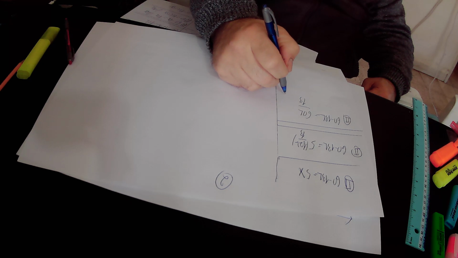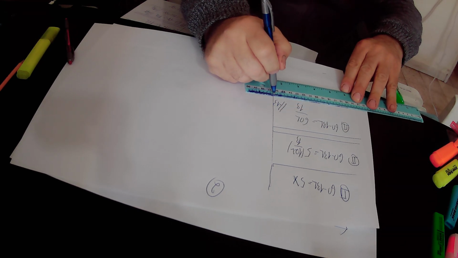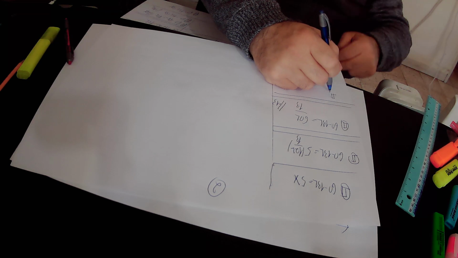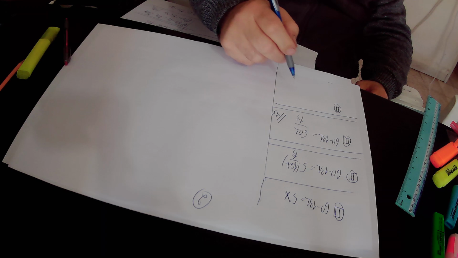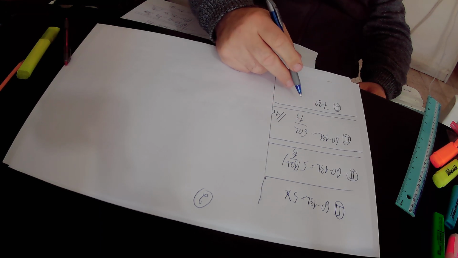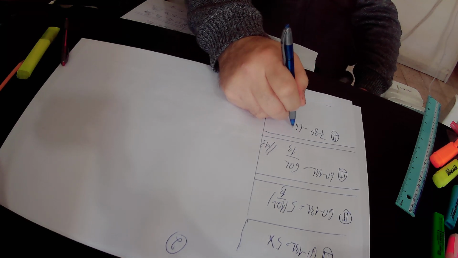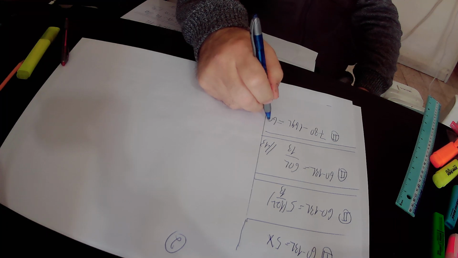Here we'll multiply this equation 2 by 13, and we get that 60 times 13 is 780. 13 times minus 13L is minus 169L, and it equals 60L.